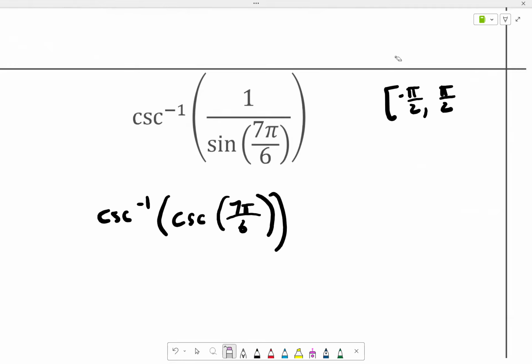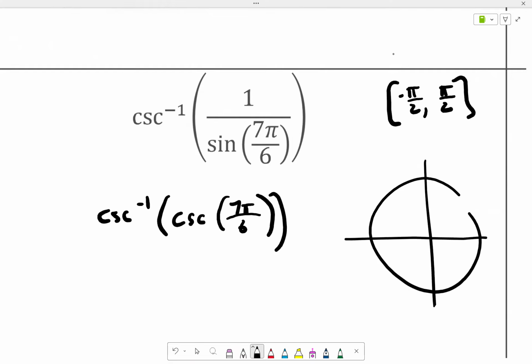Actually, what I have to do is find in the unit circle a place that has the same sine value as this 7 pi over 6. So which one is it? Are we good with that negative pi over 6 here? I can write this as cosecant inverse of cosecant of negative pi over 6.